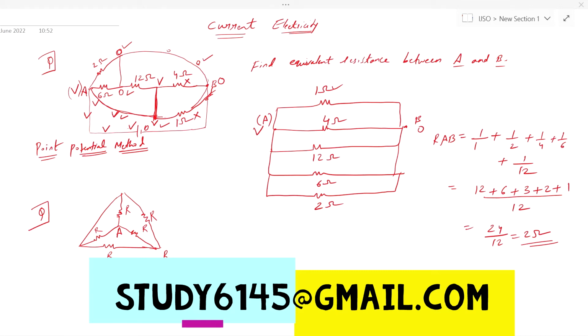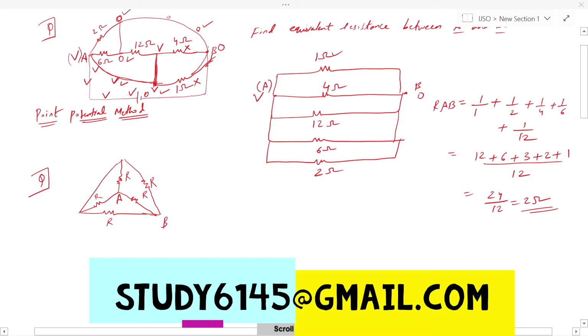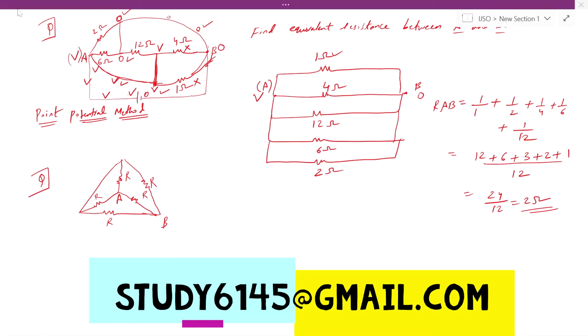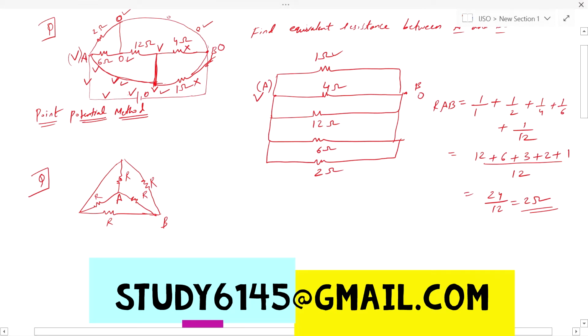If this many resistors are there, you can't logically tell how to simplify in this question. You can't see parallel or series directly until I check the potential. Then we can check that these are at same potential, so this can be considered as the same point.